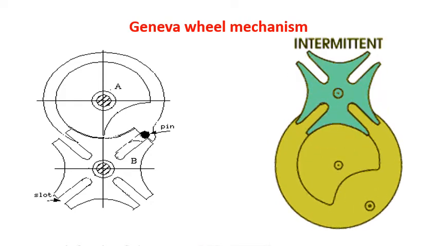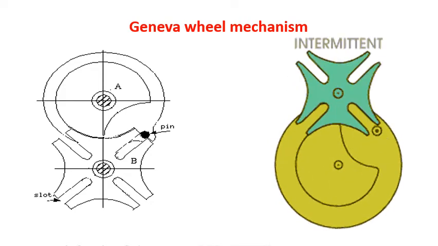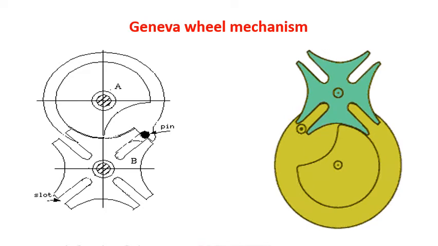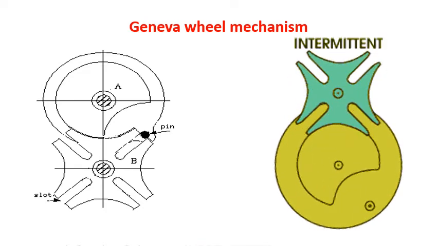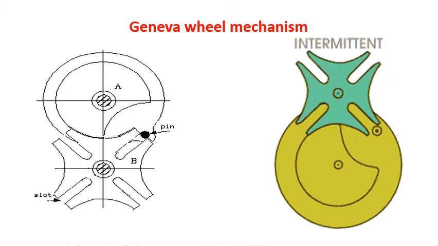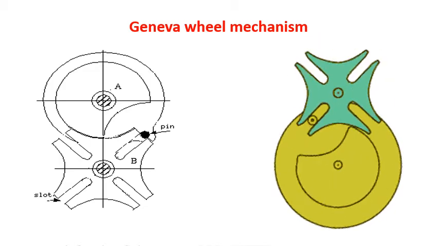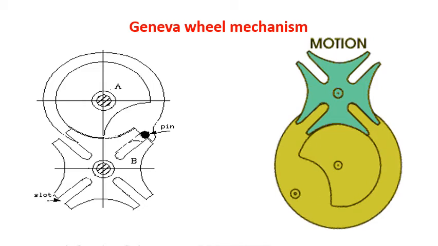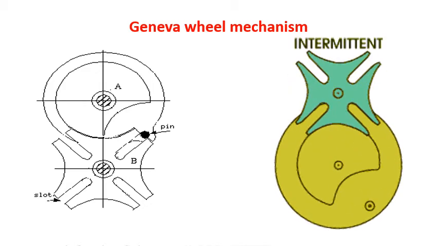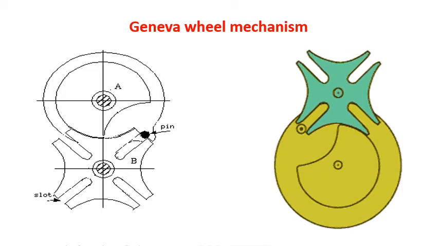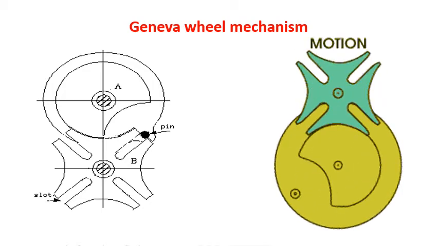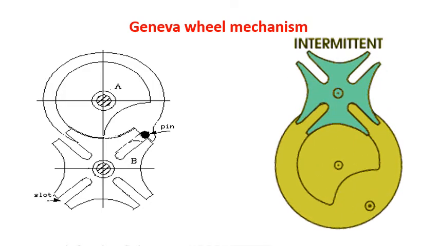It is also used in motion picture projection to provide intermittent advance of the film. In this mechanism, the driving crank, that is the rotating member, or the link A, carries a pin which engages in a slot of the Geneva wheel.